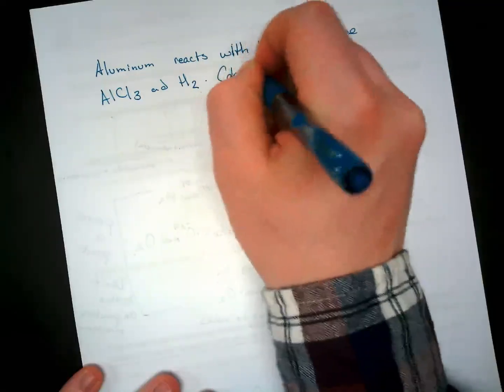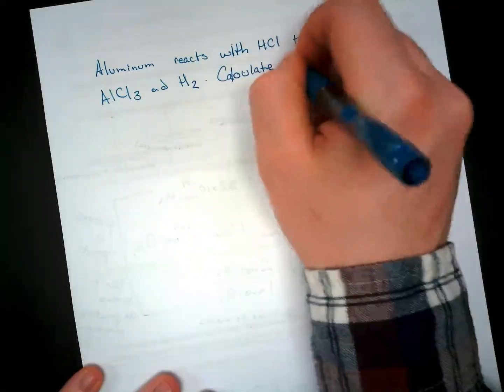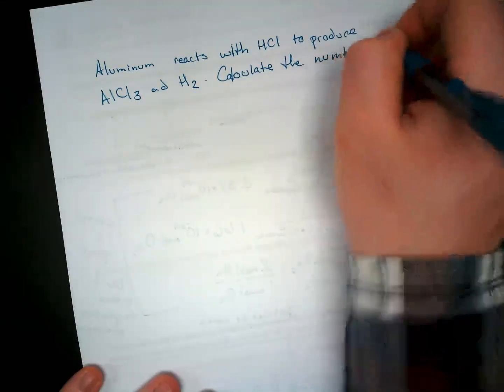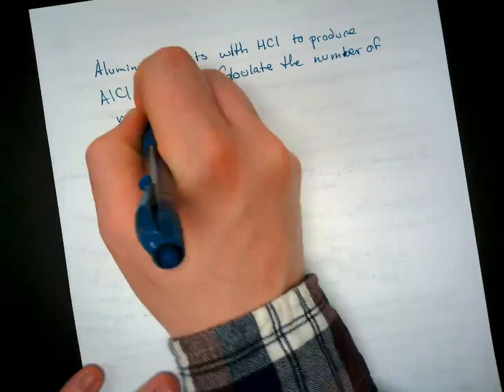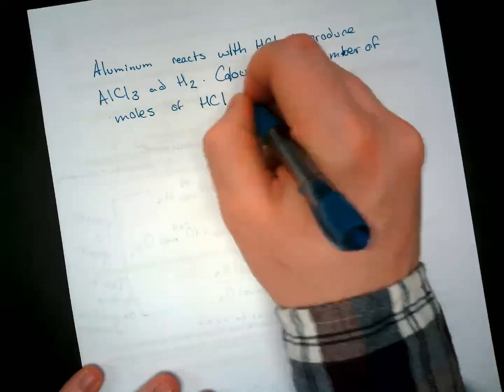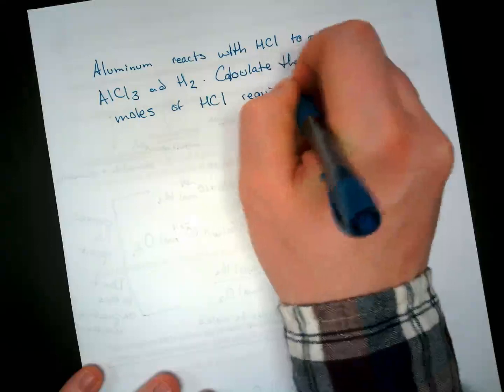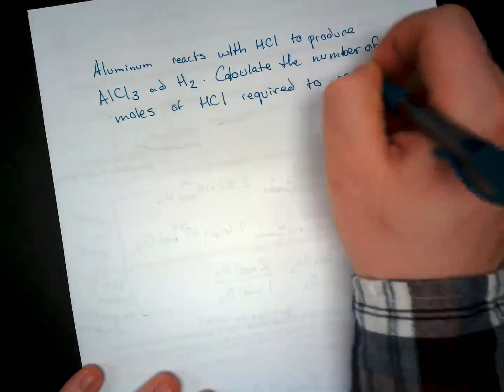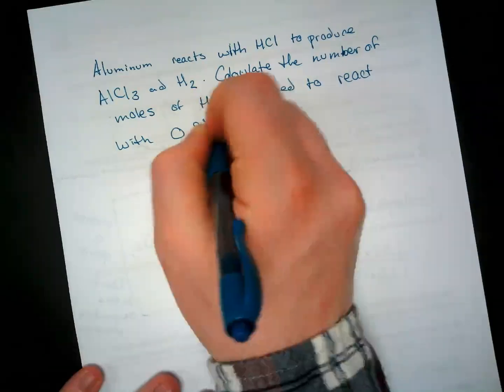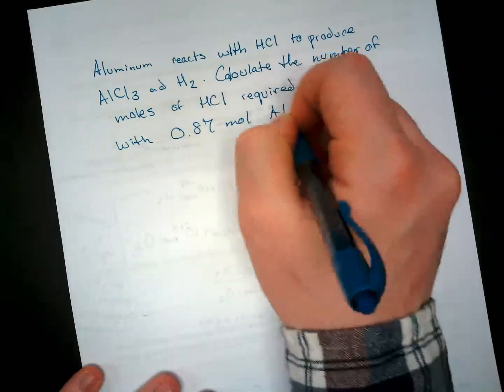Calculate the number of moles of hydrochloric acid required to react with 0.87 moles of aluminum.